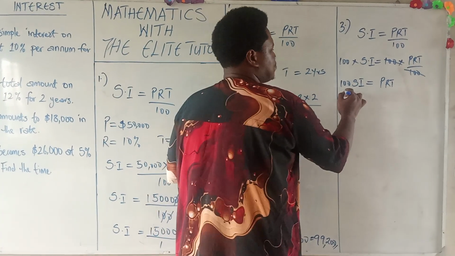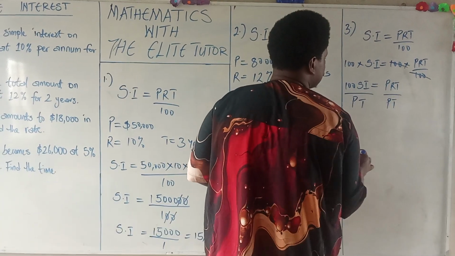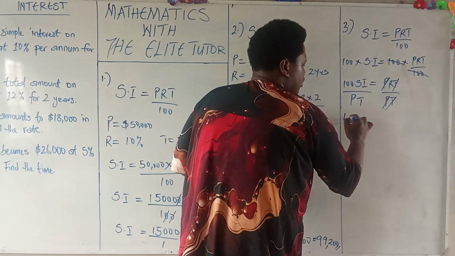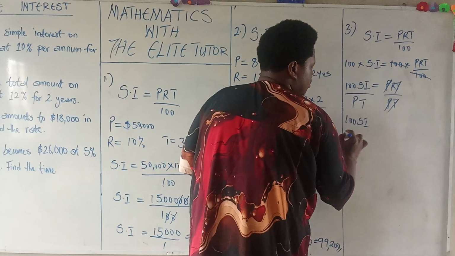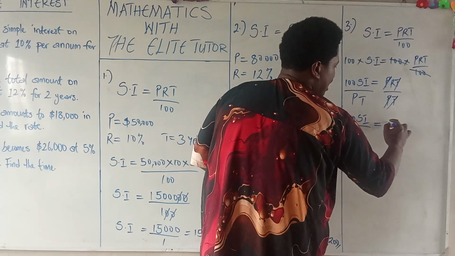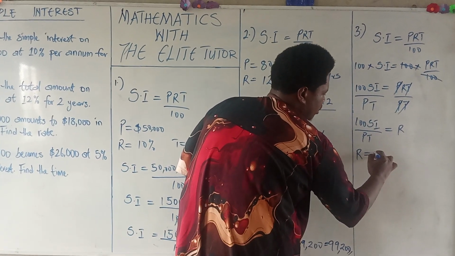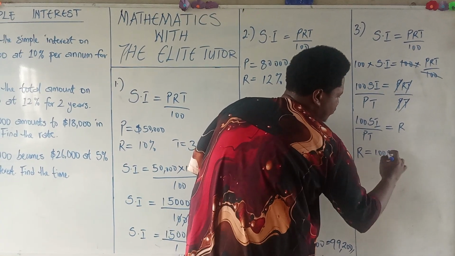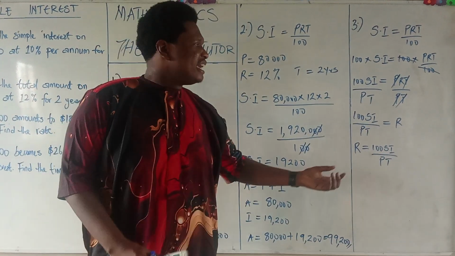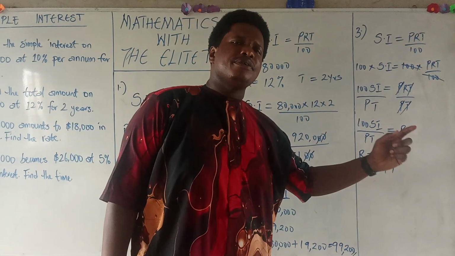So P and T, that's PT, and P here, and T. We cancel P and we cancel T. So we have that 100 SI, which is simple interest, over PT is equal to R, which can also be rewritten as R is equal to 100 SI over PT. Now we've made R the subject, we can go ahead to solve for the rate.